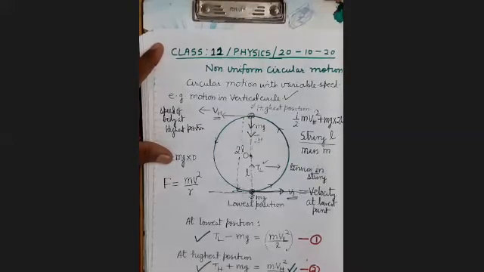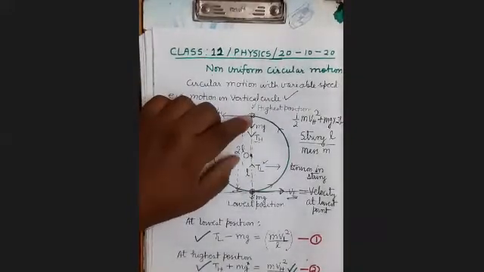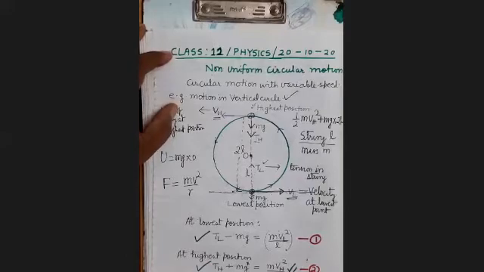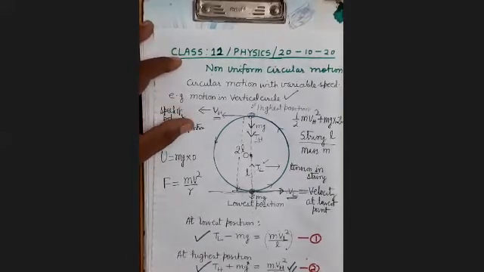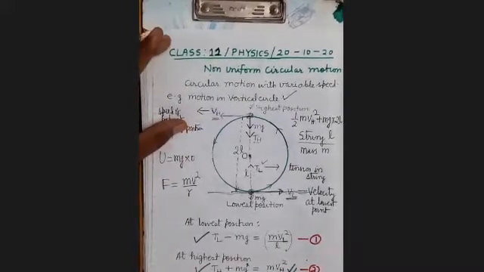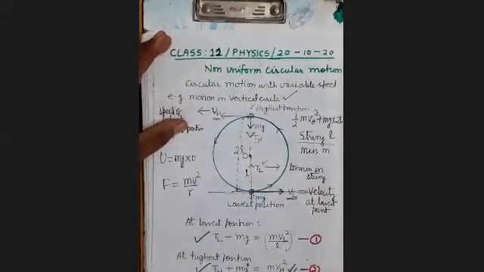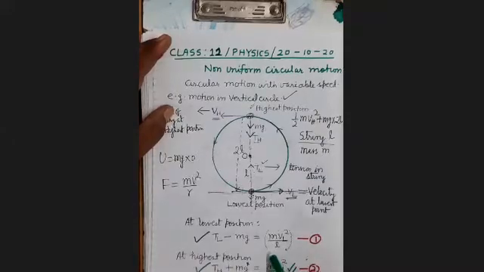But as you can see here, on this side mg cannot decrease. So what will happen? Tension in the string when the body is at the highest point, that is TH, will decrease. In order to maintain the equality, TH will decrease. When you are decreasing the speed, the requirement of CF will be less because VH has become less.